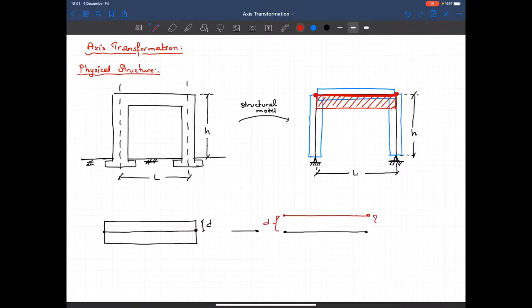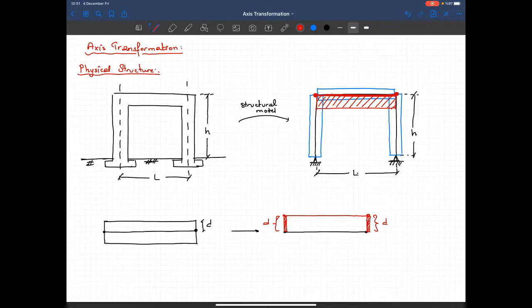That's D. So I will move the bending axis the distance D in the upward direction. So what are the stiffness coefficients for this new configuration? That's the main question. So the way we do it is, usually we will assume that I will have rigid members here. Okay, these two are connected with rigid members.